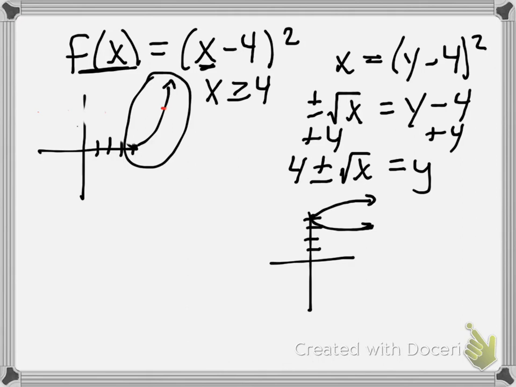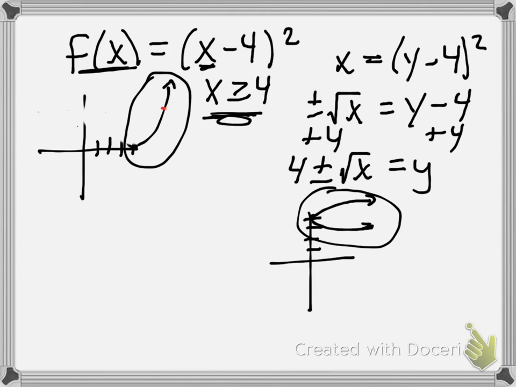Remember, our domains and ranges switch. The range for this one becomes the domain for our other. So our domain for this function in this case was all x greater than or equal to 4. So that means that's going to be my range. The domain for this one is going to be the range of this one.